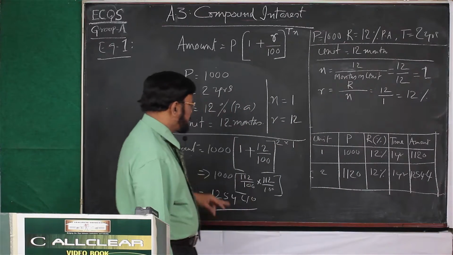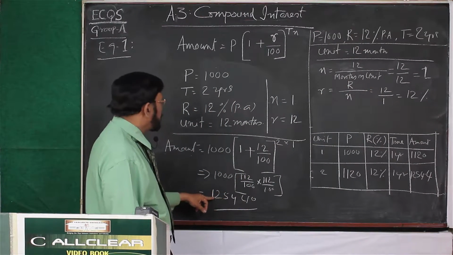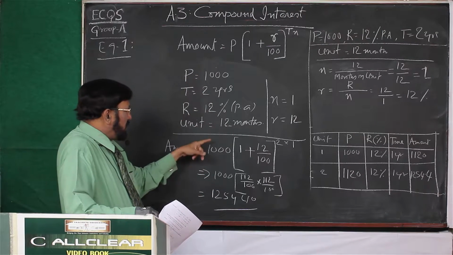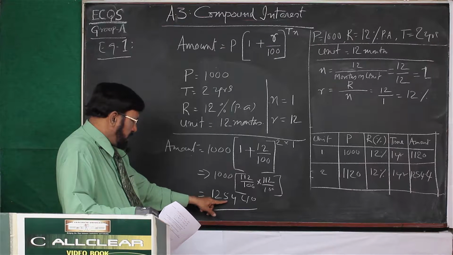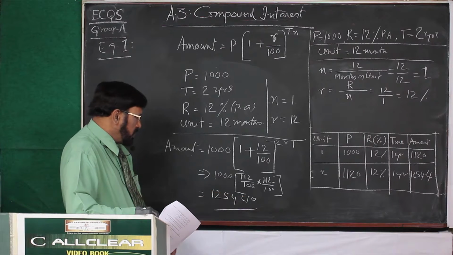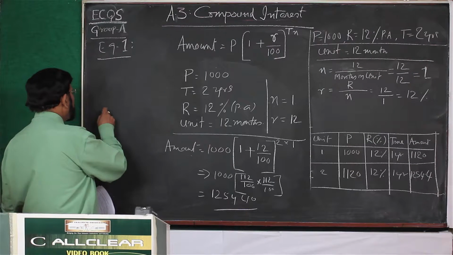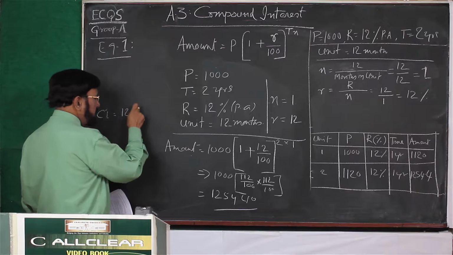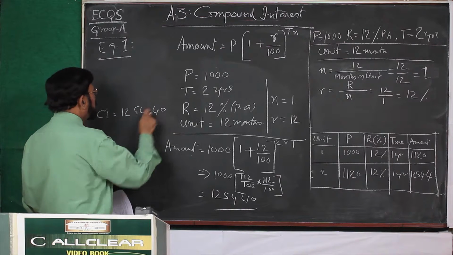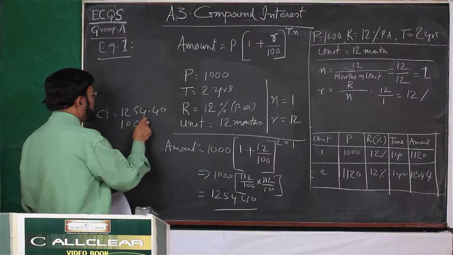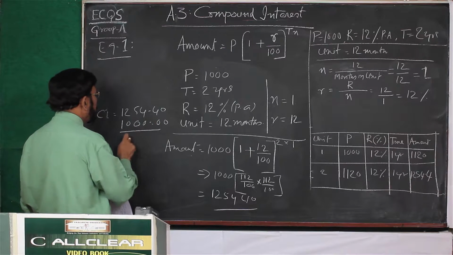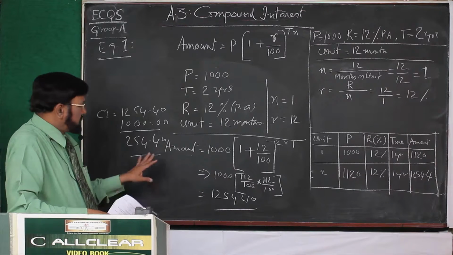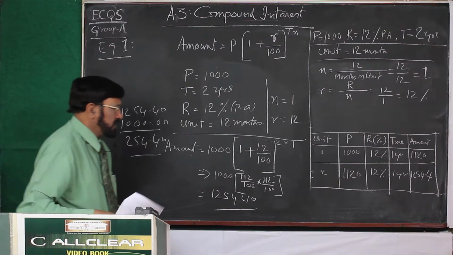The two things you understand, then substitute in the formula, then for 2 years the amount is 1254 rupees 40 paise, and if you want to calculate interest only, 1254 rupees 40 paise minus 1000, then 254 rupees 40 paise is the interest element, the compound interest element.